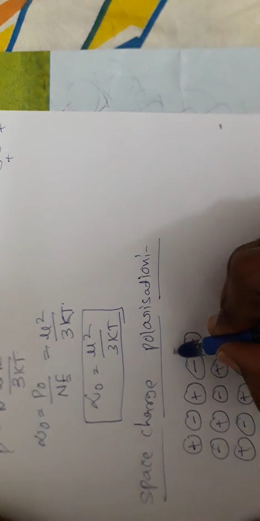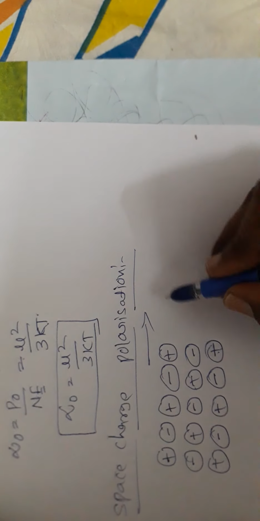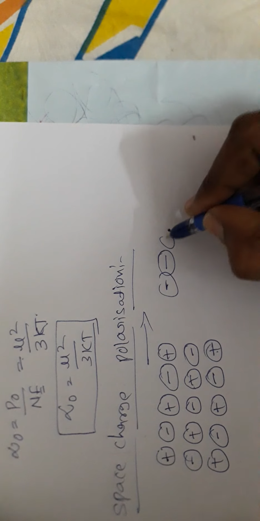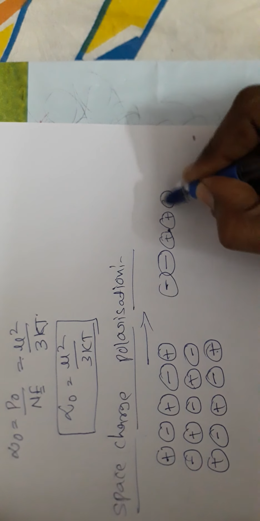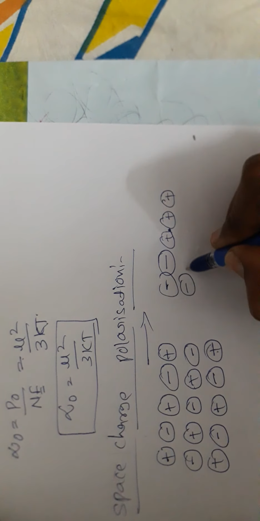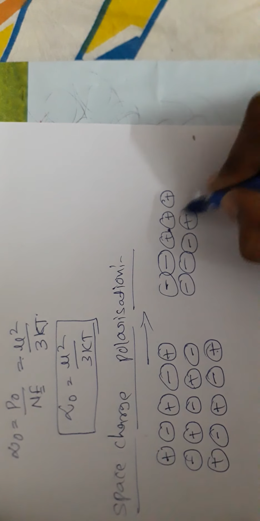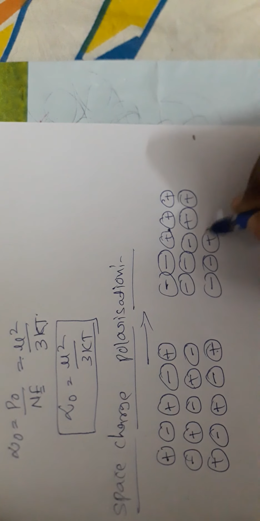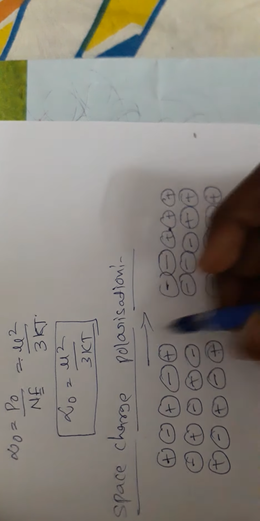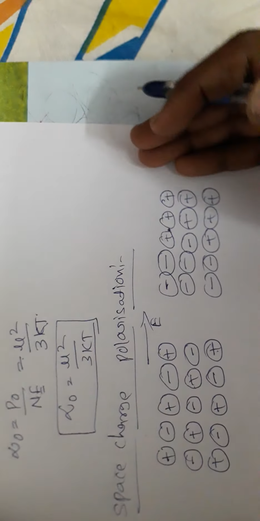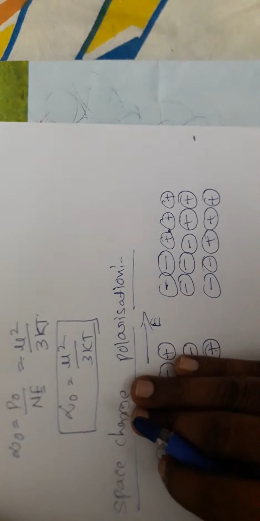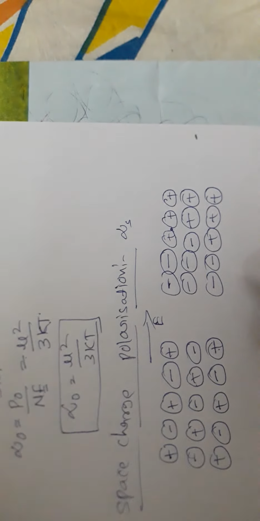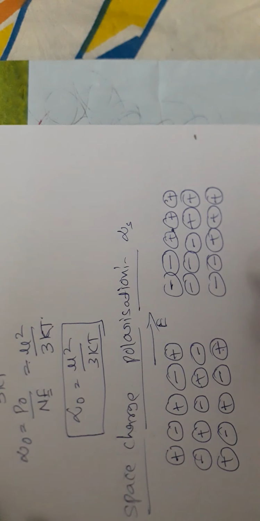When the field is applied in this direction, all the positive ions move along the field direction, and the negative ions move to the other side. This type of polarization is very small compared to the other polarizabilities.